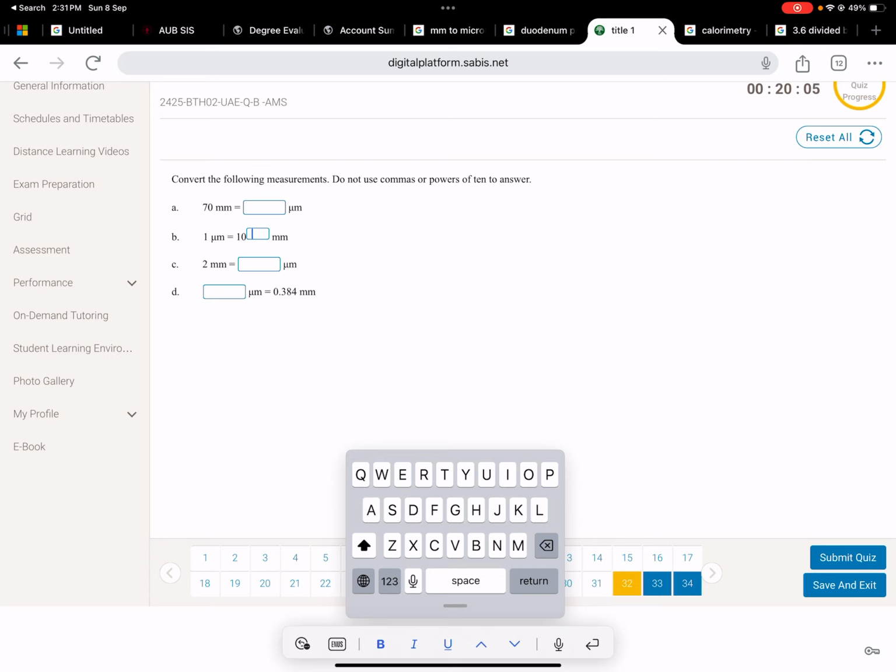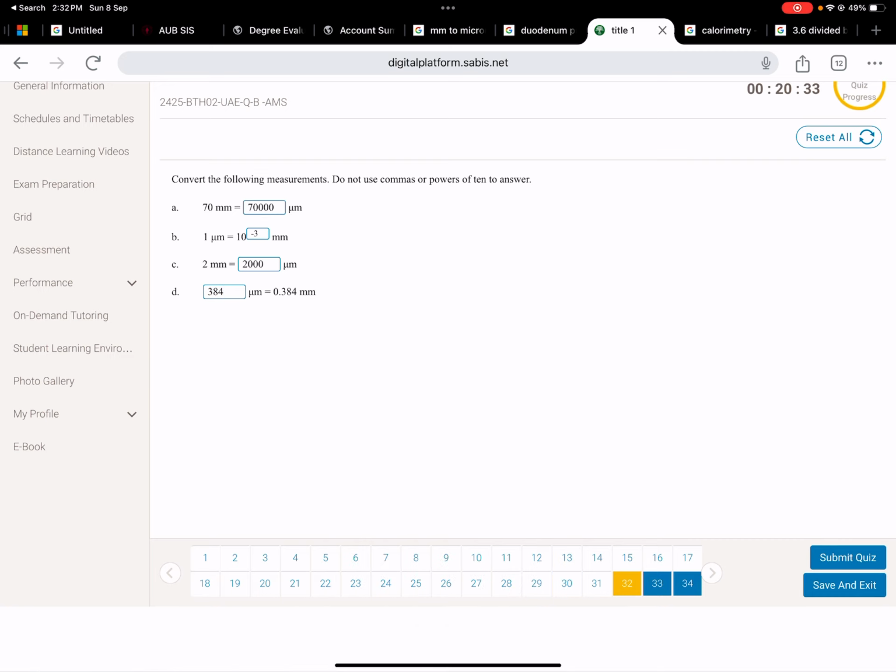It's going to be 10 to the power of -3. Okay? And we want to change millimeter to micrometer. We basically multiply by 1,000. So 70 times 1,000 is going to be 70,000. 2 millimeters to micrometers also multiply by 1,000. And here we're just going to get 384. Okay? Perfect.